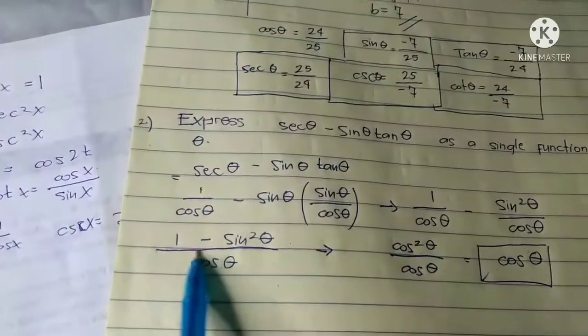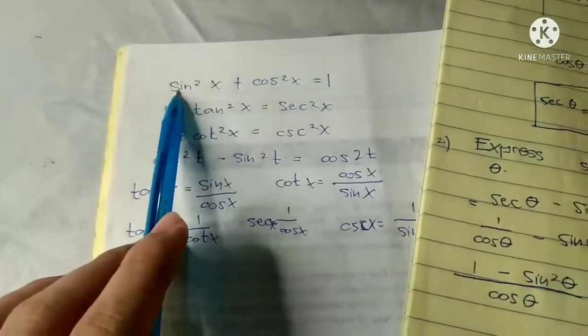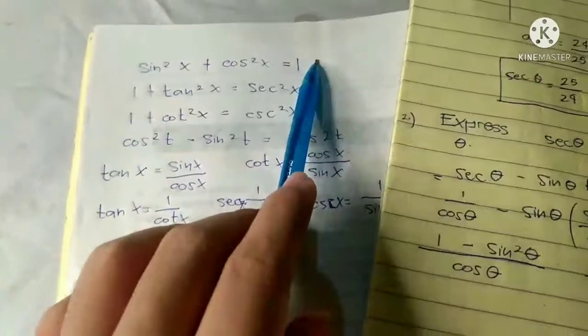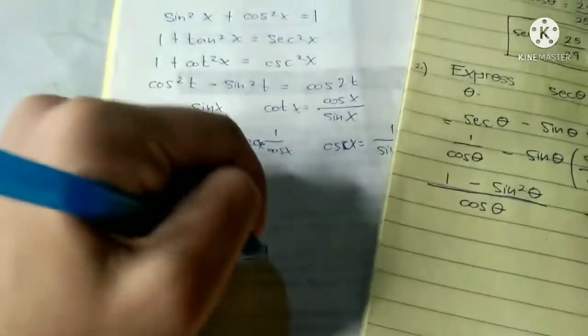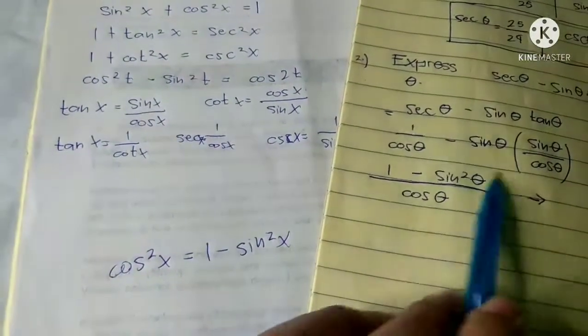Then as you can see here, we have 1 minus sine squared theta. If we transpose, we will get cosine squared x equals 1 minus sine squared x. So as you can see here, it's the same.